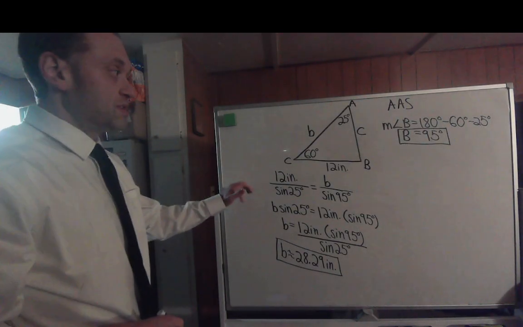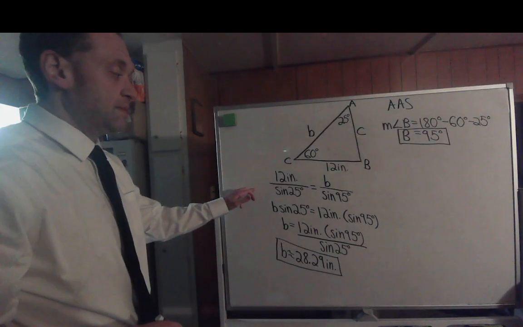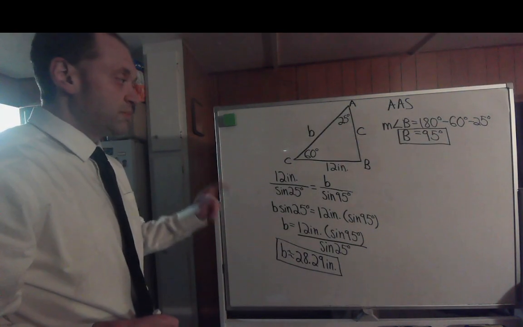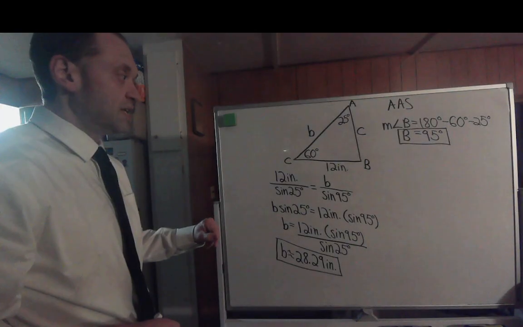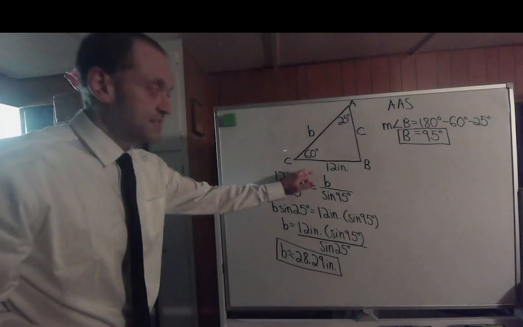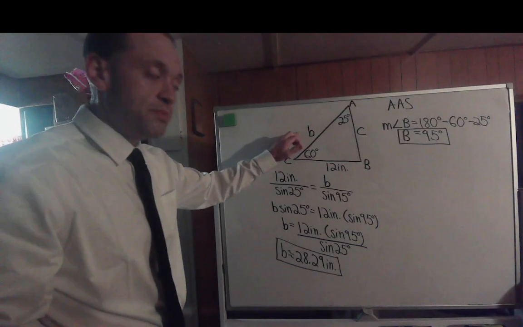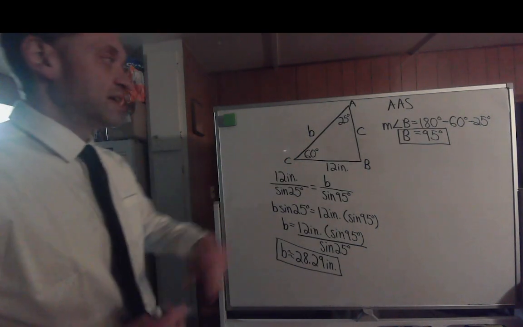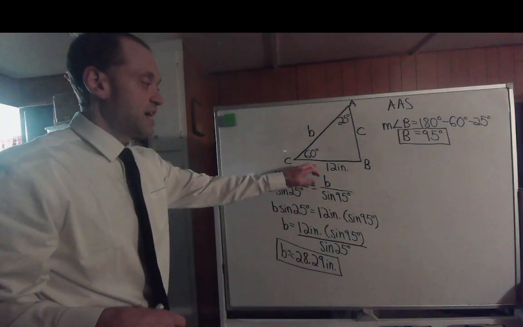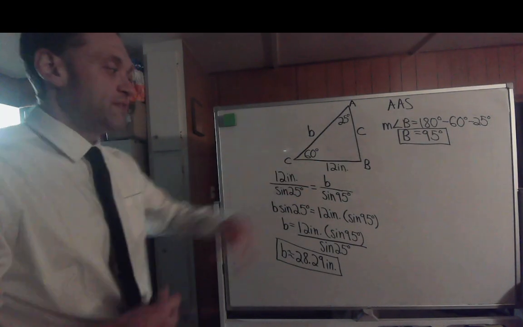Now we can do the same for side C. As for me, I'm going to choose to relate sides A and C because I rounded B, and that might give us a slightly skewed answer, where at least for side A we have an exact value.